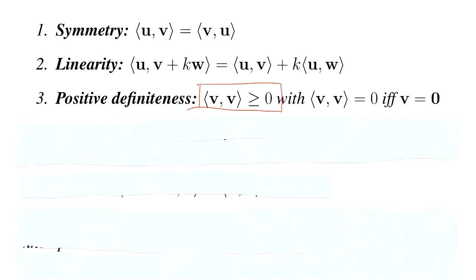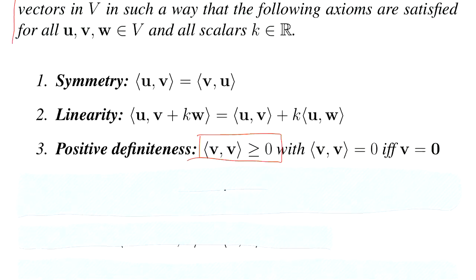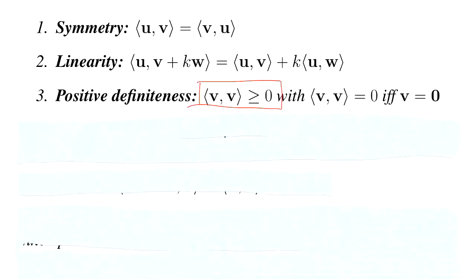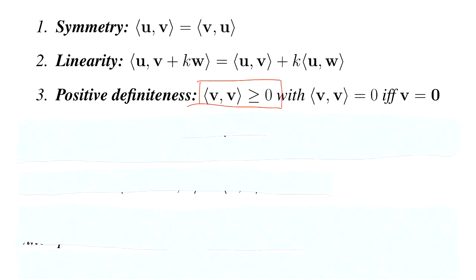Right? So for any V, this is a for all V statement, right? This was for all vectors. So this is a for all V statement. The inner product of V with itself is non-negative.